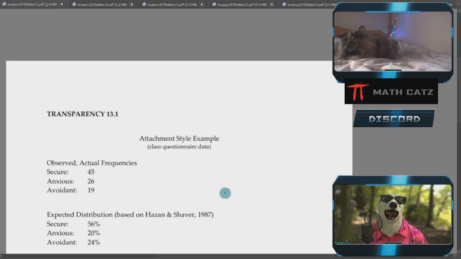And we want to ask, does that fit with the general expected distribution of attachment styles?